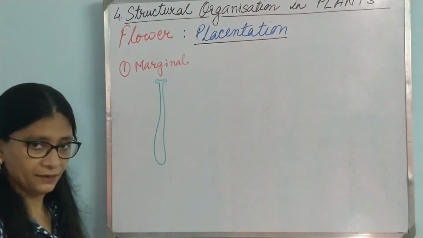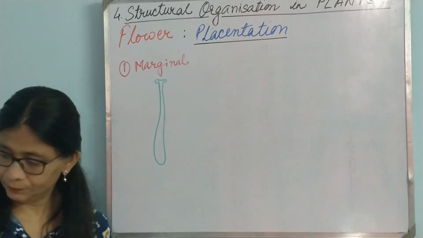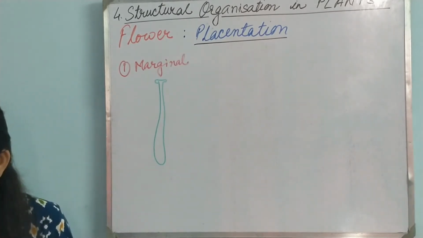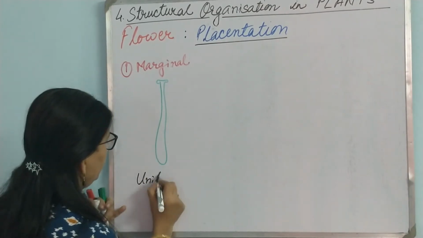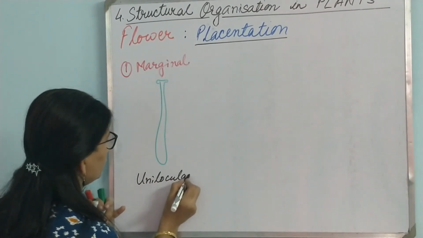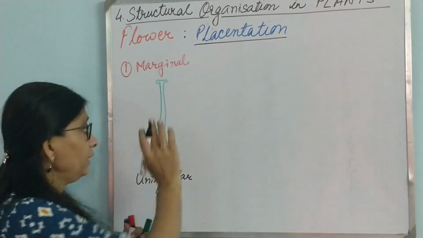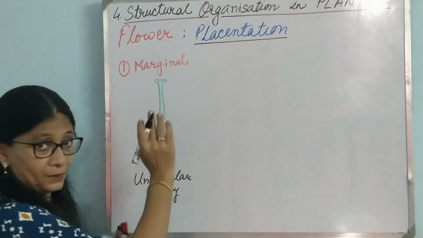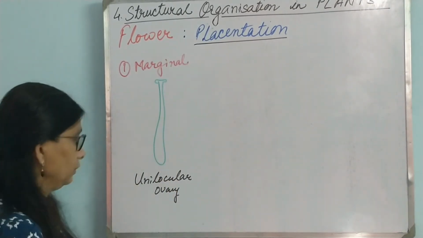This marginal condition is found in a unilocular ovary. Unilocular means there is only one carpel. So the ovary is also just one chamber. So that's how it is.